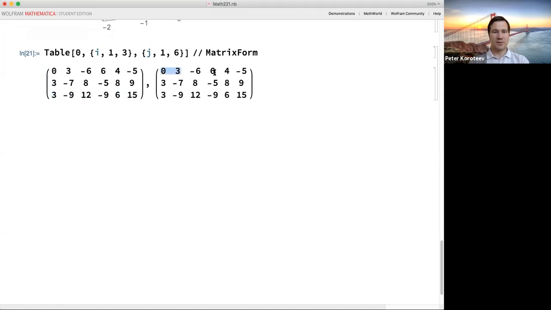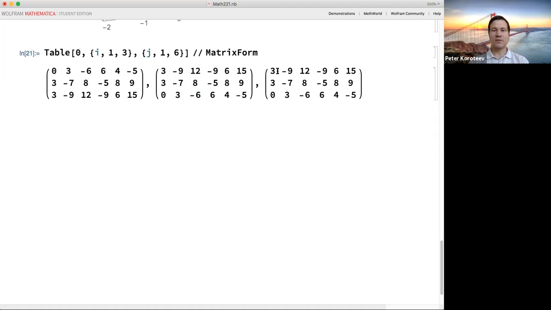We take the third one, put it up here, and then swap them here. Then we can get rid of the entries below by subtracting the first row from the second row. So we had 0 here.